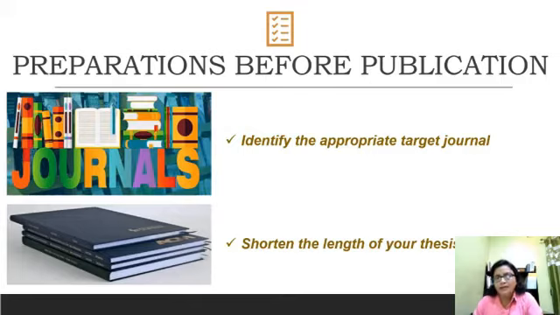Now, the next step is shorten the length of your thesis. Journal articles are typically much shorter than theses. The precise word limit will normally be stated in the Guide for Authors. So be sure to use a tighter framework and a more compact style.